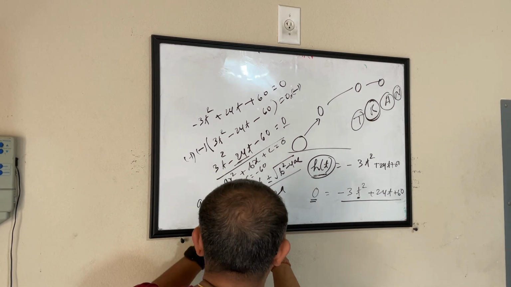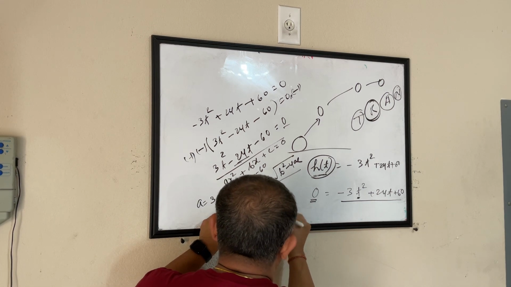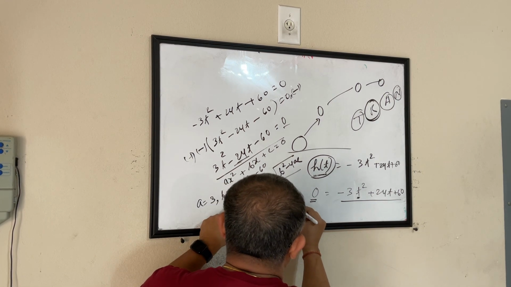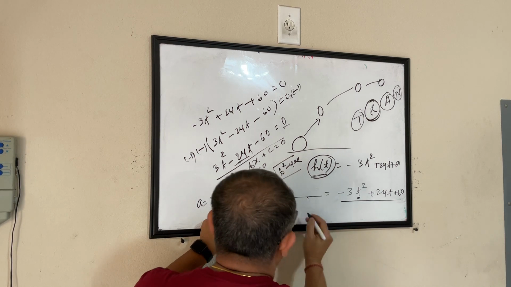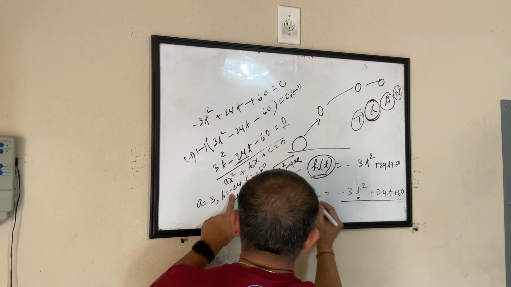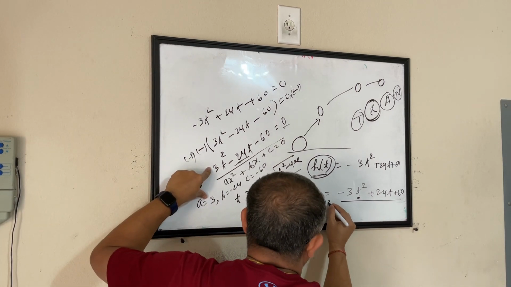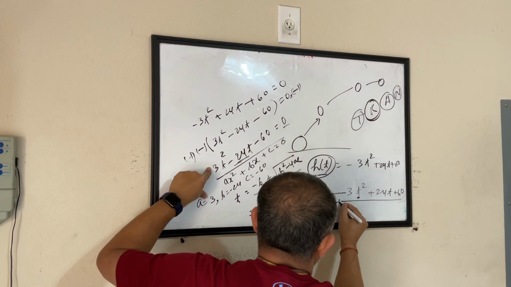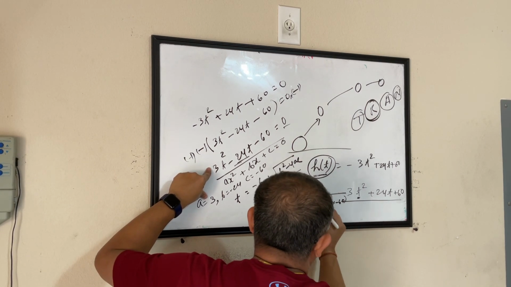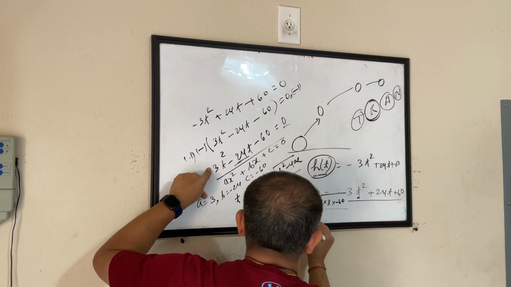Minus b is minus of minus 24, plus minus the square root of b squared, 24 squared, minus 4ac, so 4 into 3 into c, where c is minus 60, divided by 2a, and 2 into a is 6.